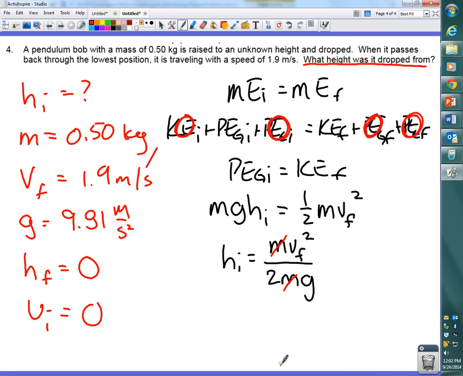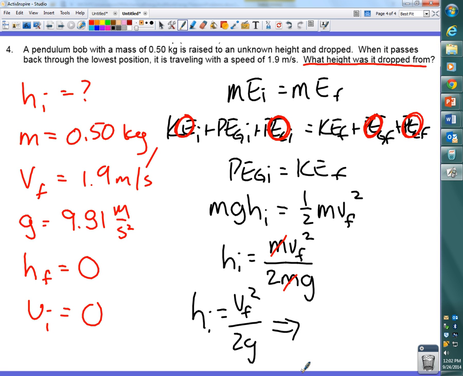Sure, we could, but it's going to give us the same answer. Now we have fewer numbers to worry about. All right, so now we have h initial equals vf squared over 2g. And we know all those things. So now we can figure out what the initial height of this pendulum was.